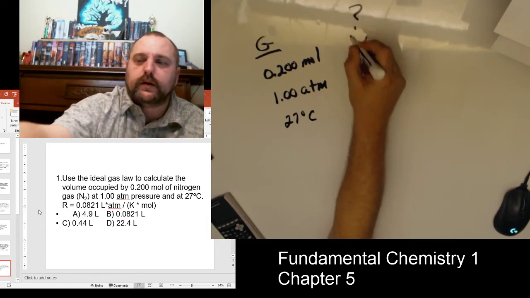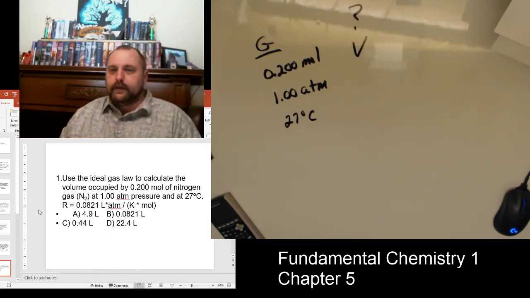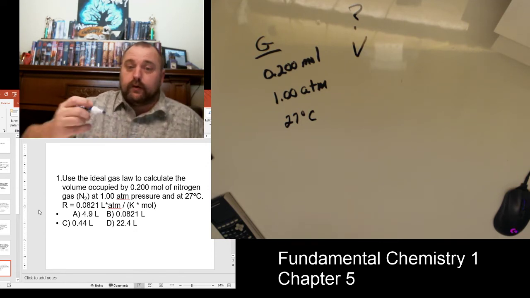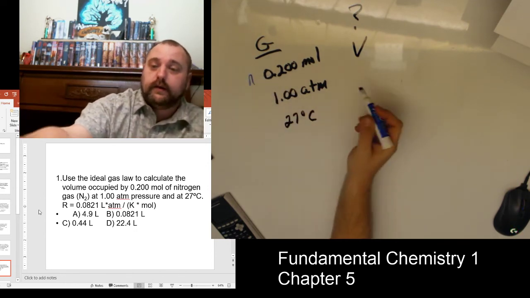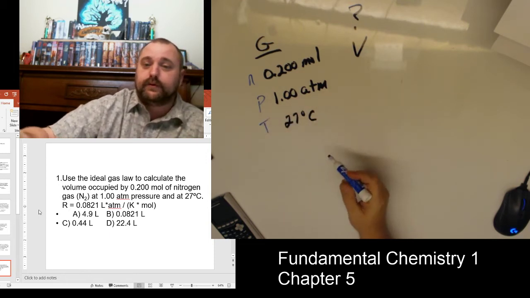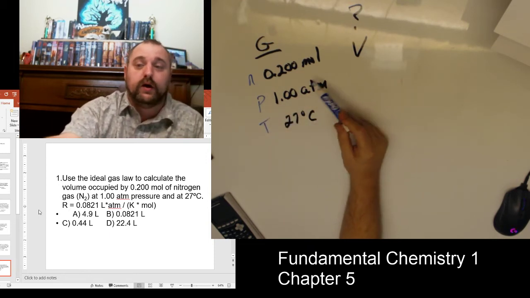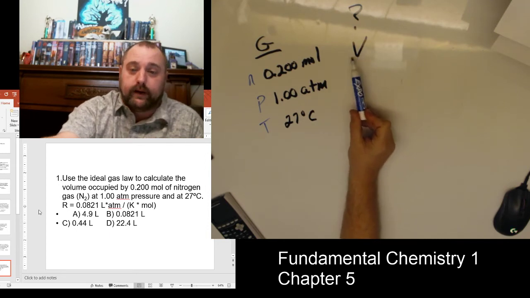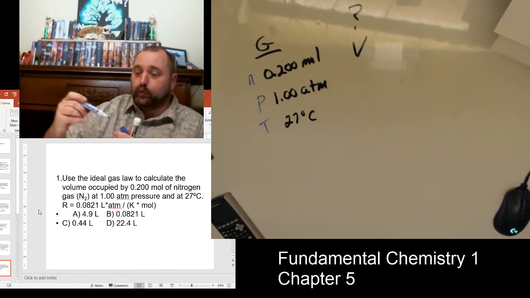This is what it wants, is the volume. So moles is my symbol n, atmosphere is pressure, degrees Celsius is temperature, and so you can see I have one of each. So I've got all 4 variables, one of each.